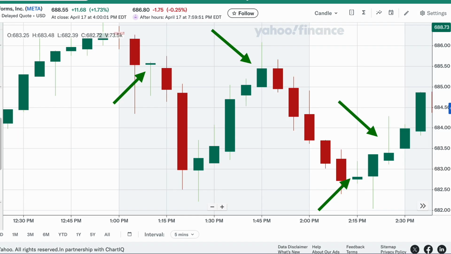We weren't trying to trick you. We just want to introduce you to the idea that candles will come in all shapes and sizes, because price action is not perfect. Now, it's your turn.